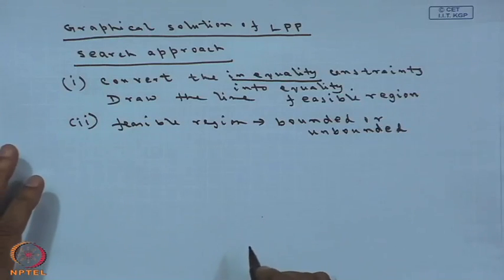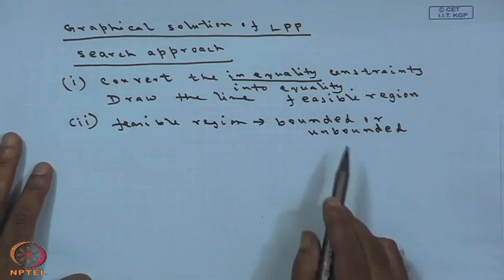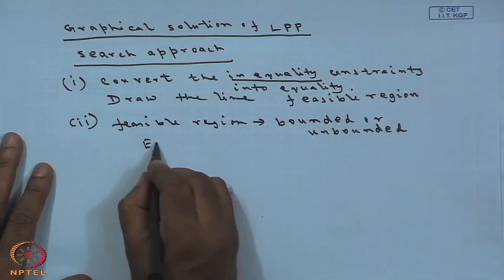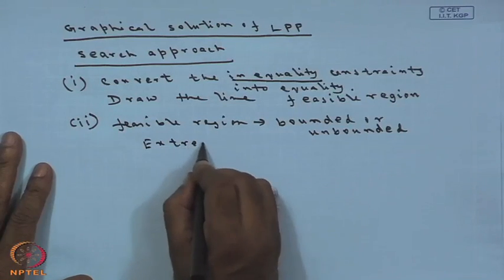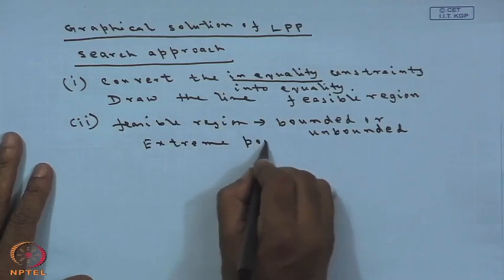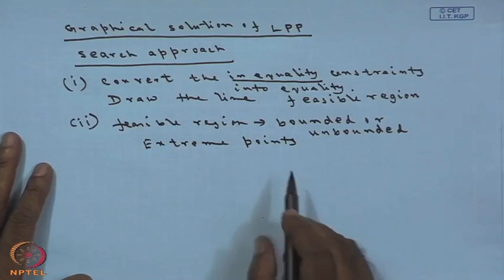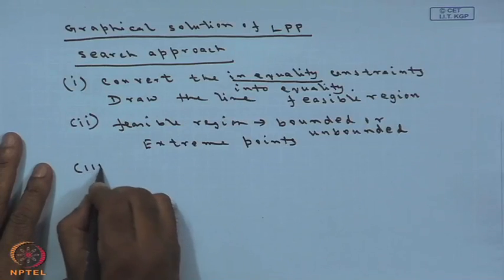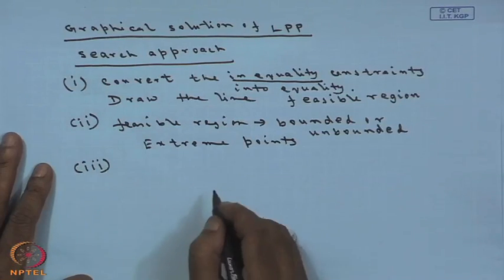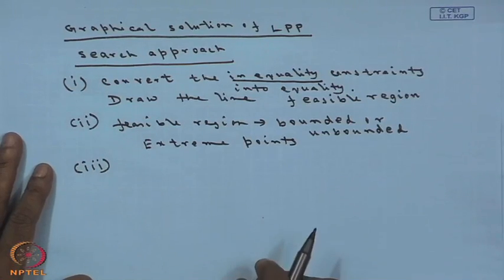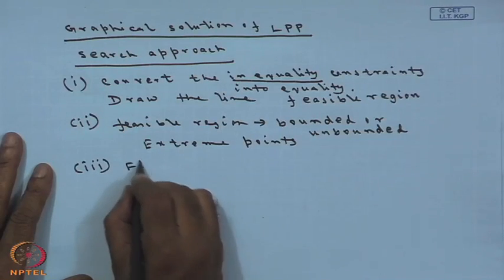So, after seeing this, now you calculate the extreme points. I think that you can find out what the extreme points are from the feasible region. Now, this is the second step. Now, in the third step, find the value of the objective function at each extreme point.